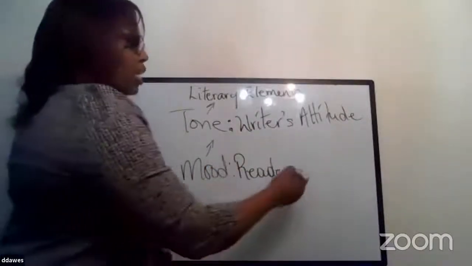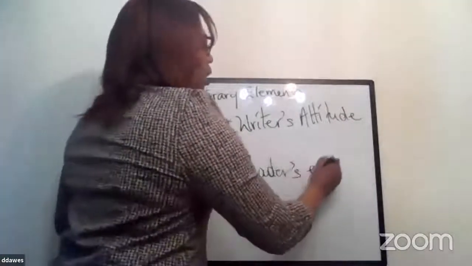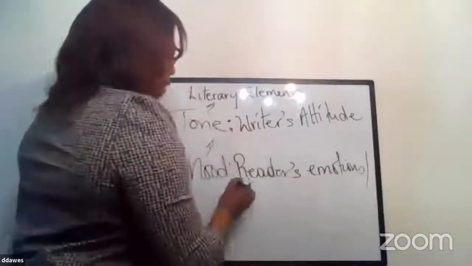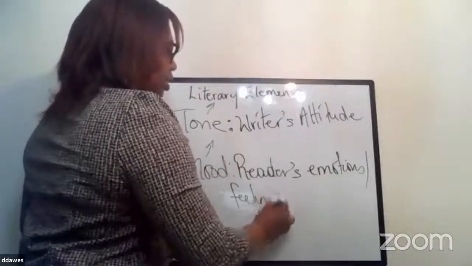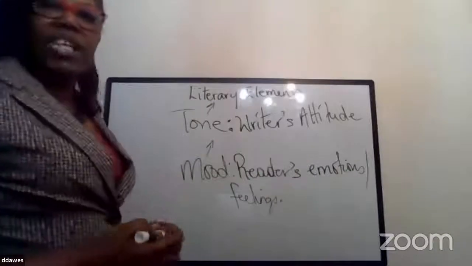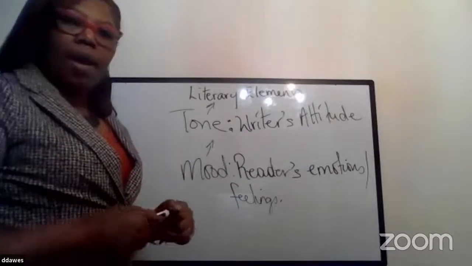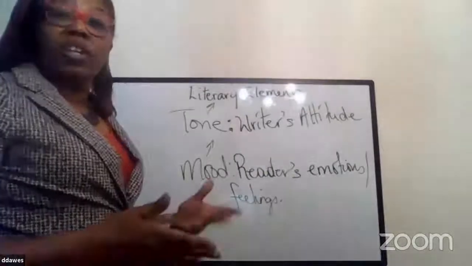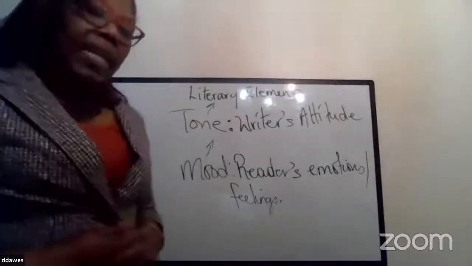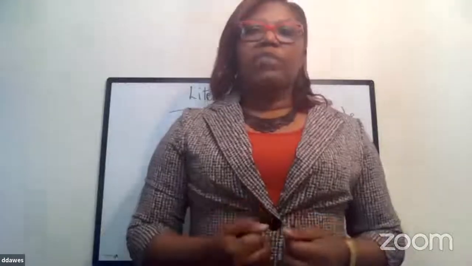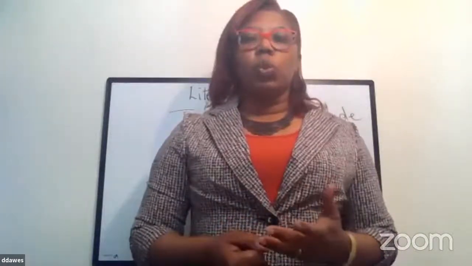And mood is the reader's emotions or feelings. Emotions, feelings that are evoked by the text or whatever information we would have read. In addition, be mindful when we are speaking to somebody, it is easy for us to identify the tone.